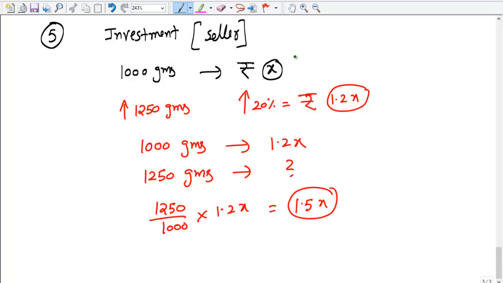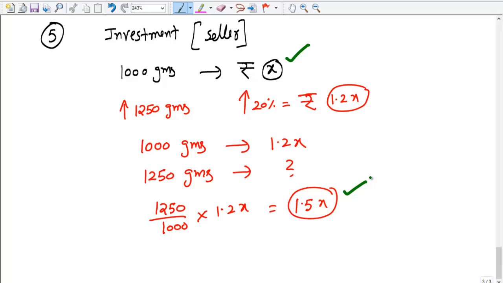Check this one. The investment is x, whereas the return is 1.5x. Of course, I'm talking about the investment for 1000 grams and he's selling 1250 grams, means he has enough product. So for the same 1000 grams, he's getting 1.5x.